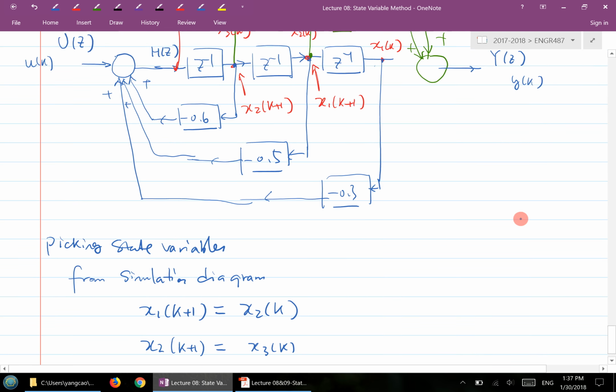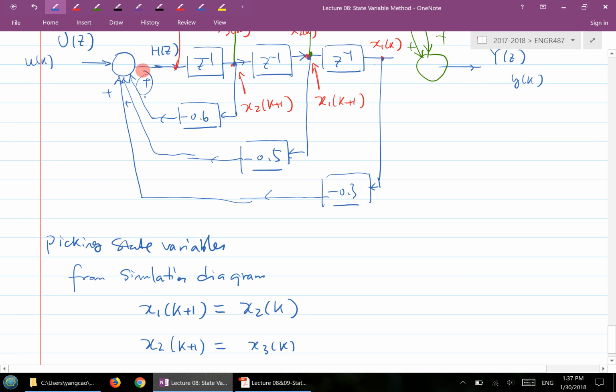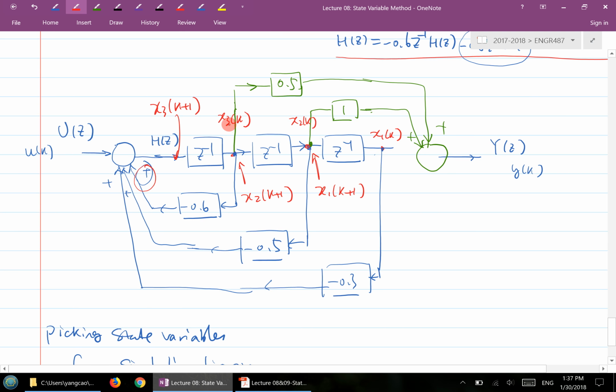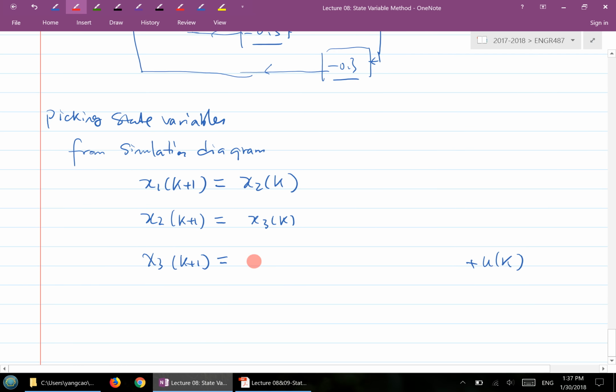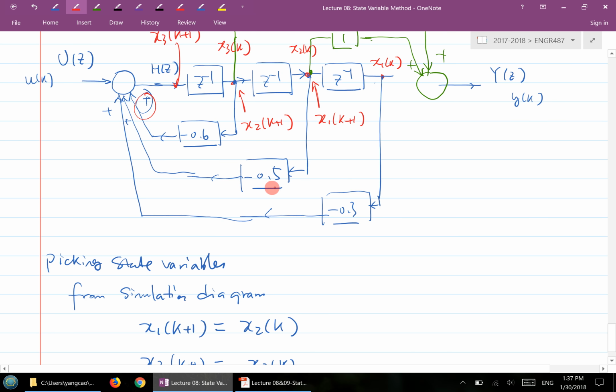So what's the signal over here? That's what? Negative 0.6 times x3 of k, right? Not x2 of k plus 1, because you're writing the state space equation. So it's negative 0.6 multiplied by x3 of k, and then keep going for the other one, negative 0.5 times x2 of k, negative 0.3 times x1 of k.